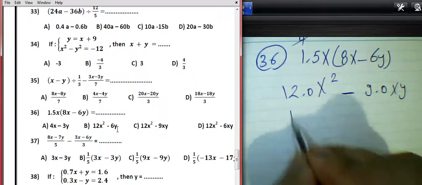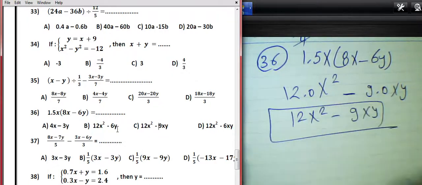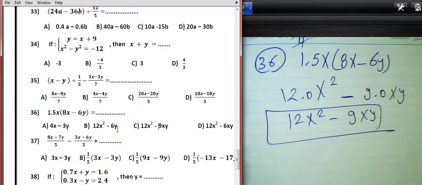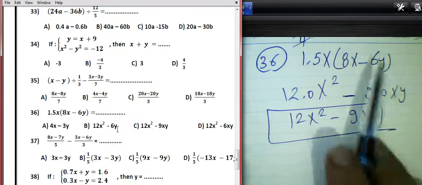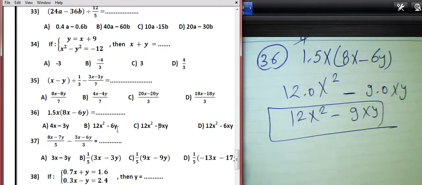So the result will be 12x power 2 subtract 9xy. It was the result of this expression. We're using the distribution property of multiplication over subtraction in brackets. Okay, it was question 36.